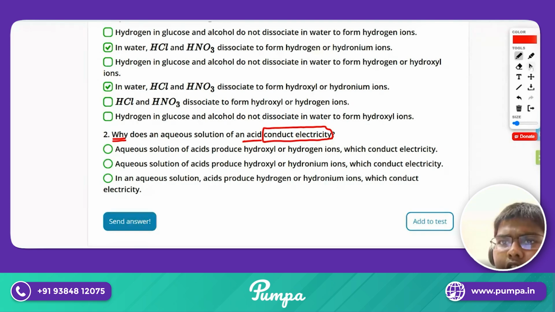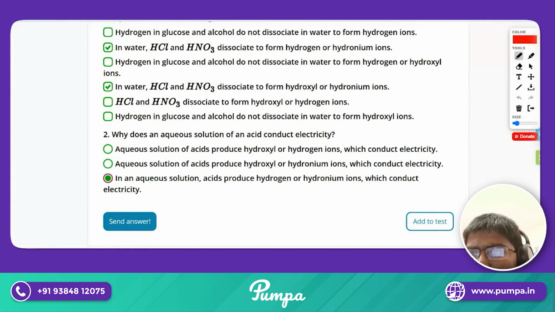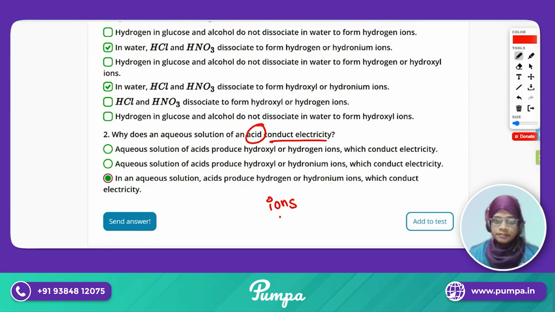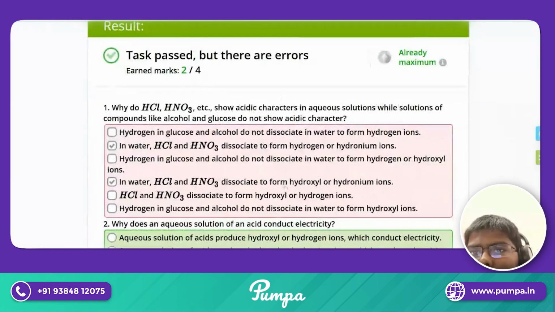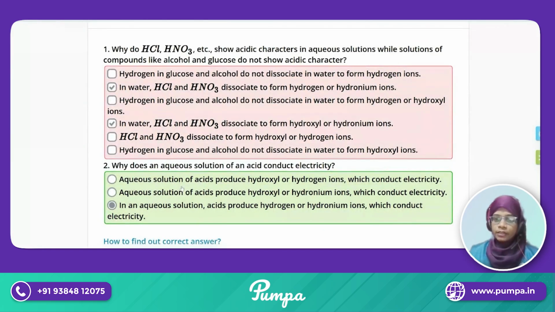In an aqueous solution, acids produce hydrogen and hydronium ions, which conduct, right? The last option. Yes. To conduct electricity, it should have ions. Especially since they are talking about acid, it should have H plus ions. That is right. Very good, well done. So the second question is right.